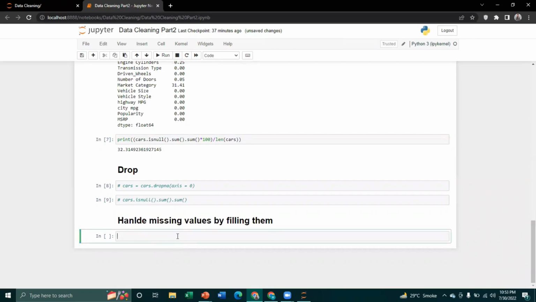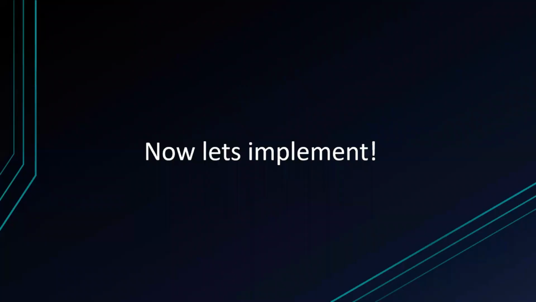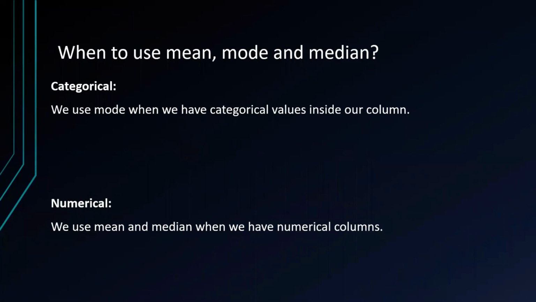All right. So you might be wondering when to use mean, median, or mode to fill the missing values. So first thing is categorical. We use mode when we have categorical values inside the column. And we use mean and median when we have numerical values inside a column.